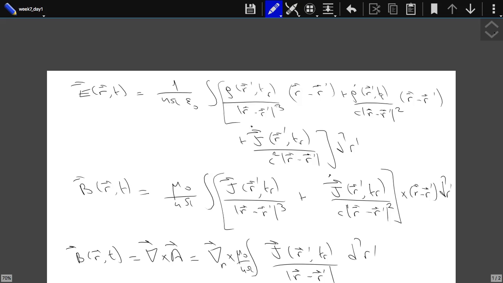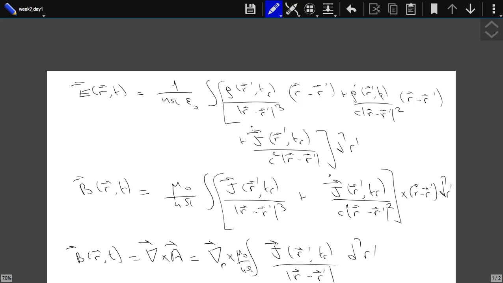If you look at the B field, again, this goes as 1 over R squared, but look at this term. This term is R over R squared, so this also goes as 1 over R. So these terms will be basically responsible for the radiation of arbitrary current and charge densities.